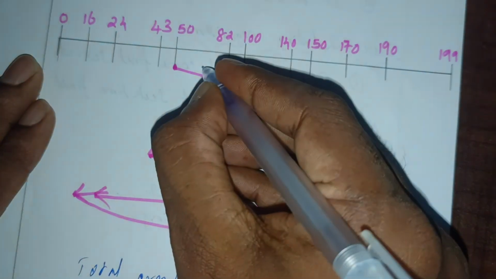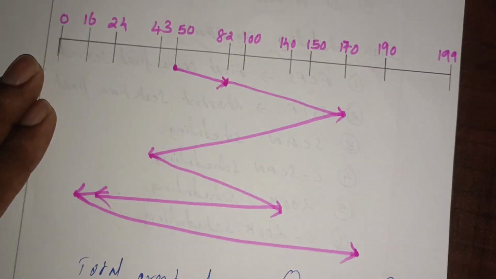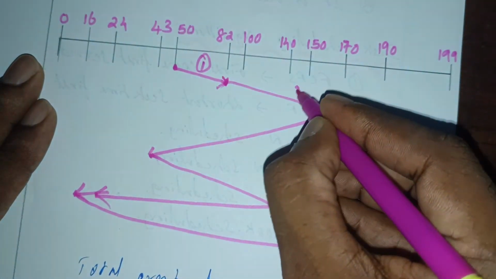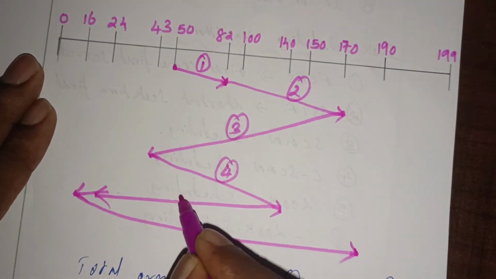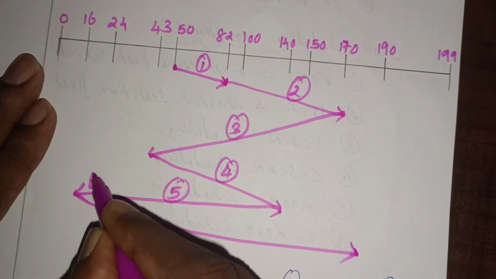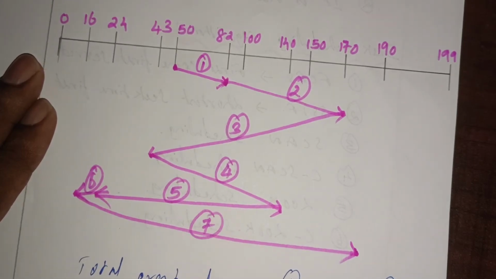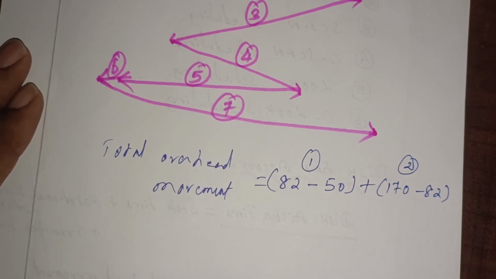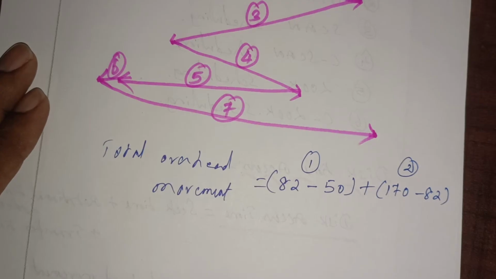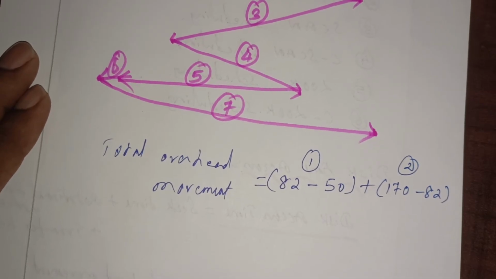And the third movement, I'll point out this movement also so that it is easy for you. First movement, second movement, this is the third movement, and this is fourth, this is 5, this is 6, and this is 7. Totally we have 7 head movements, and we are going to subtract all 7 head movements and check how effective it is. If it is with the lower number, it is very effective.